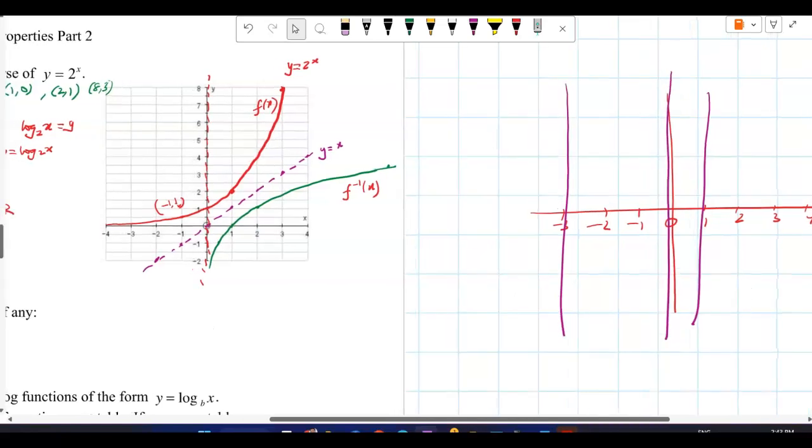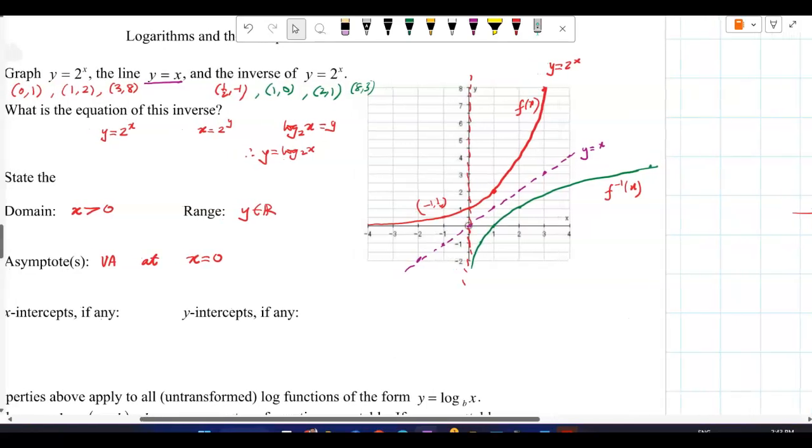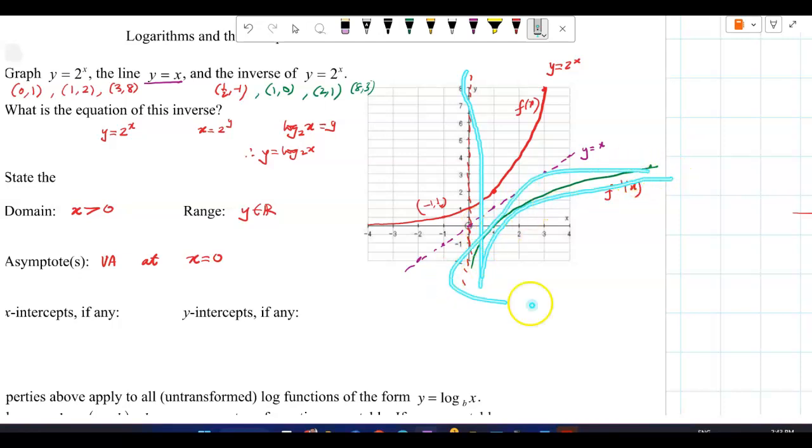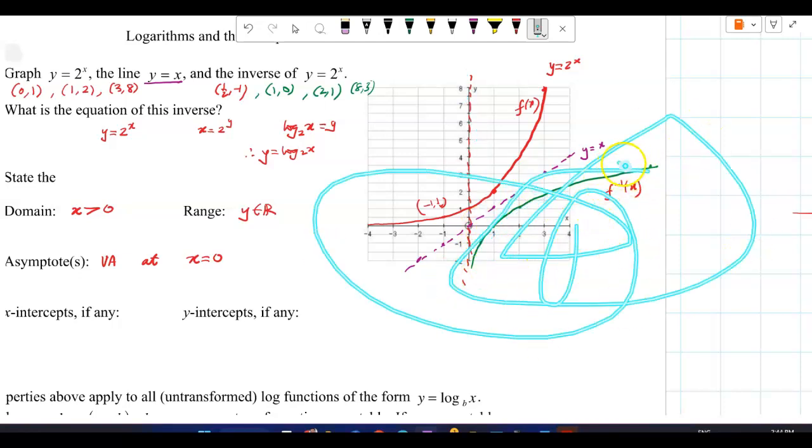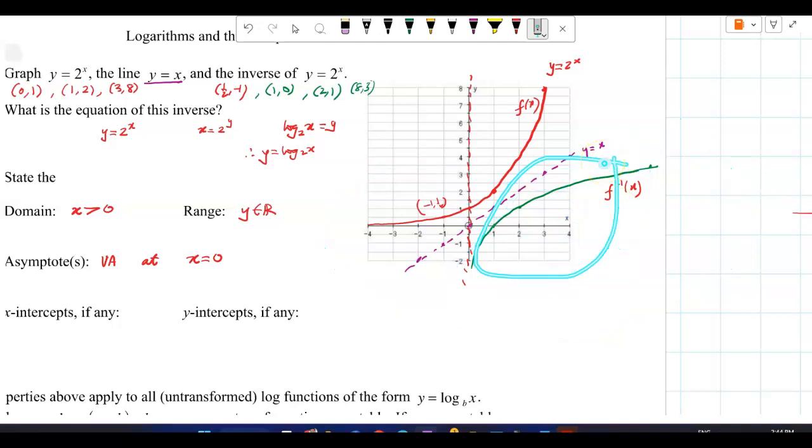So this is a vertical asymptote. This is your vertical asymptote, for the log graph, the inverse one. What do you not understand? I thought an asymptote is like a point where it never reaches.